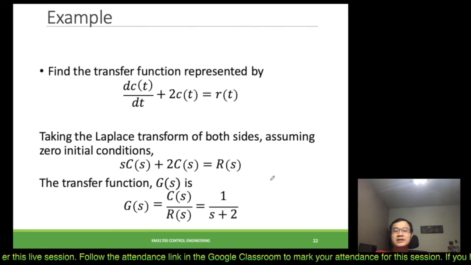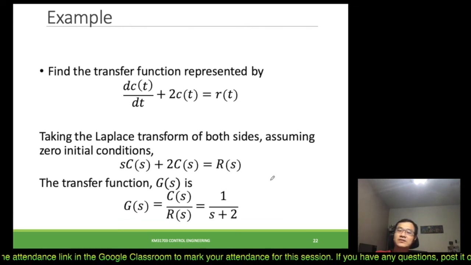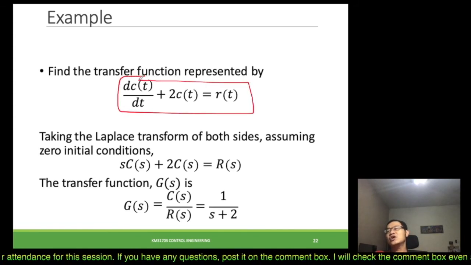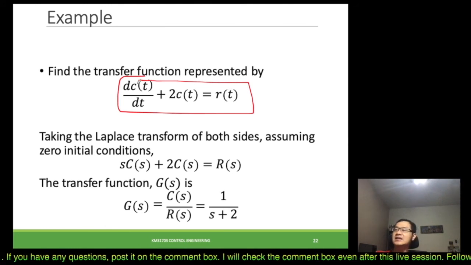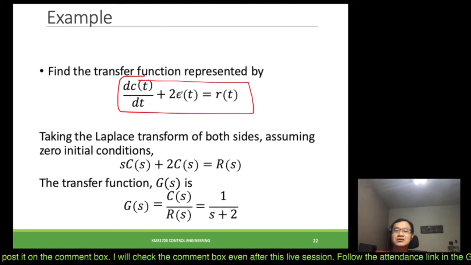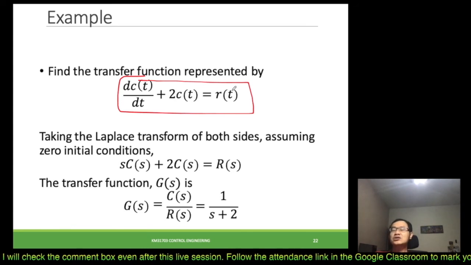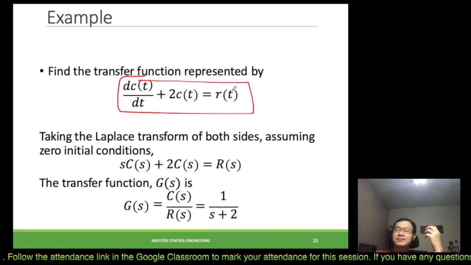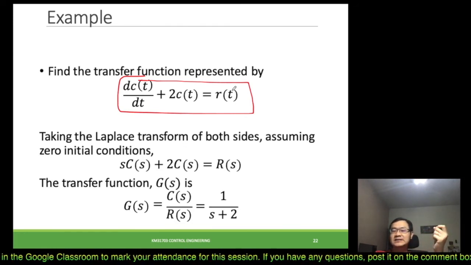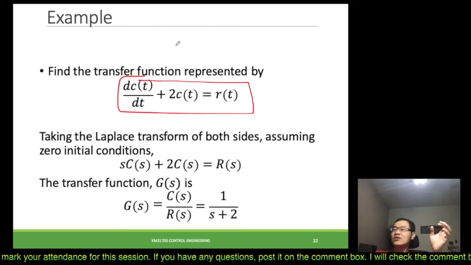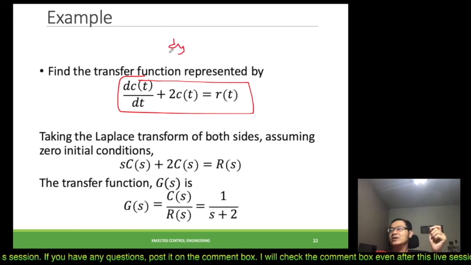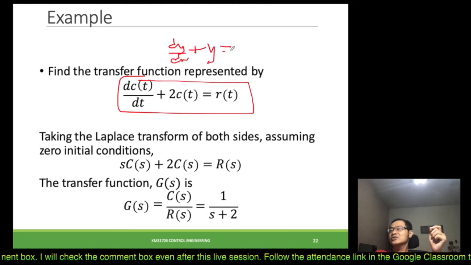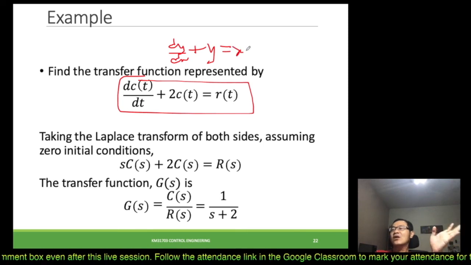This slide illustrates how you can find the transfer function from a mathematical model or differential equation. For example, in this case, dc/dt + 2c = r. If you recall the general form of a differential equation, you may have dy/dx + y = x, or others.